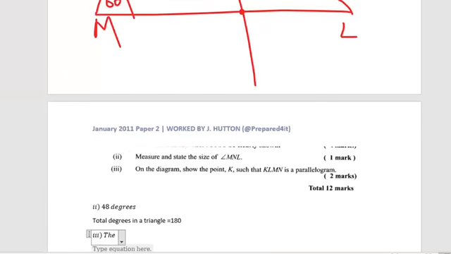The opposite sides of a parallelogram are equal in length.